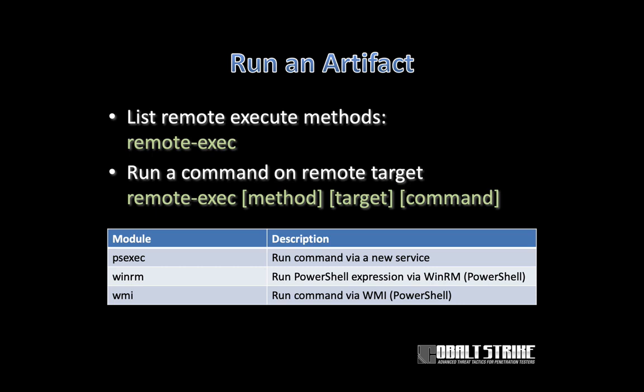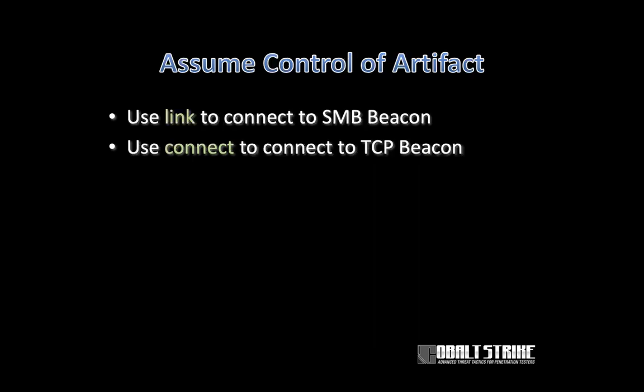You can create new methods with Aggressor Script, or you can use one of the built-in ones. To see the methods currently registered in your Cobalt Strike client, do remote exec by itself. And to run a command on a remote target, do remote exec, method, target, whatever command you want. The three built-ins are psexec, WinRM, and WMI.